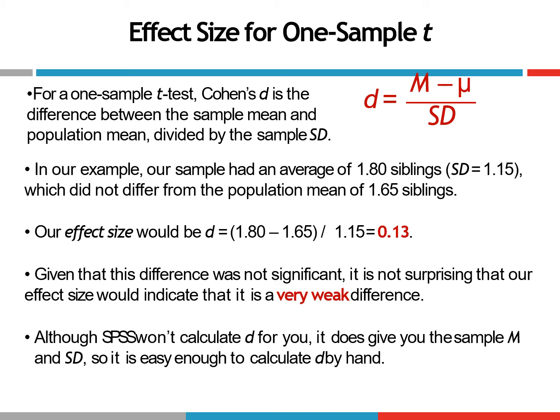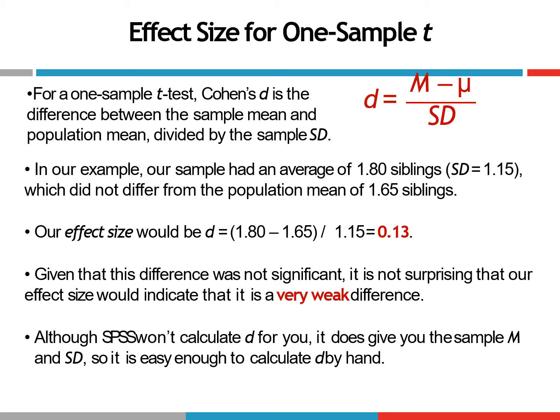So our effect size, or our Cohen's d, would simply be 1.80 minus 1.65 divided by the sample standard deviation, which is 1.15. So we would get a value of 0.13.